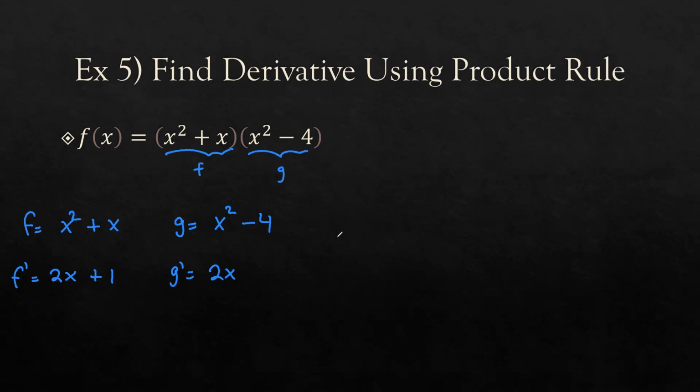So if you apply the product rule, it's f prime of g plus g prime of f. So you could say that f prime of x is f prime, which is 2x plus 1, times regular g, which is x squared minus 4, plus g prime, which is 2x, times regular f, which is x squared plus x.